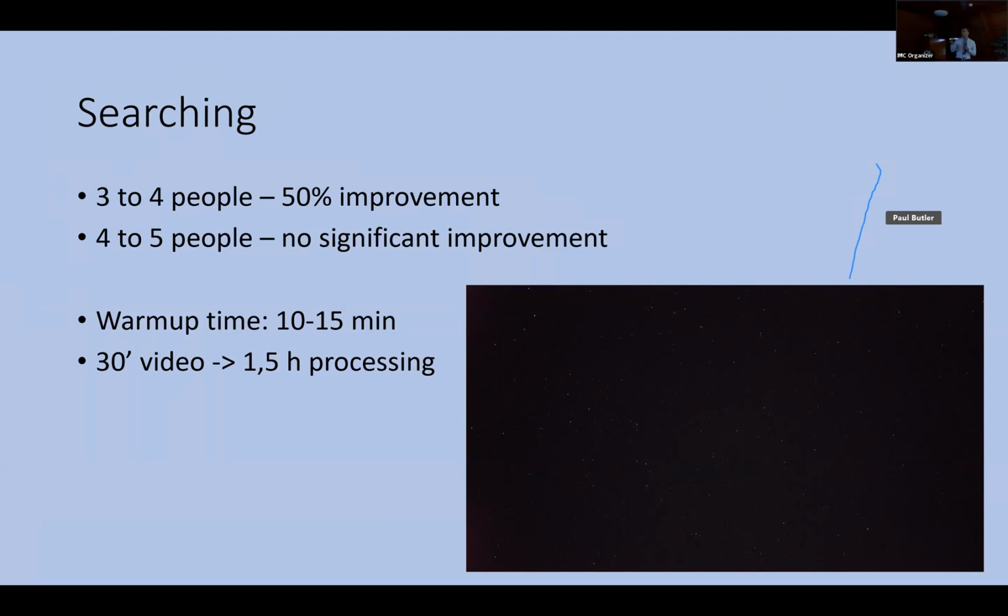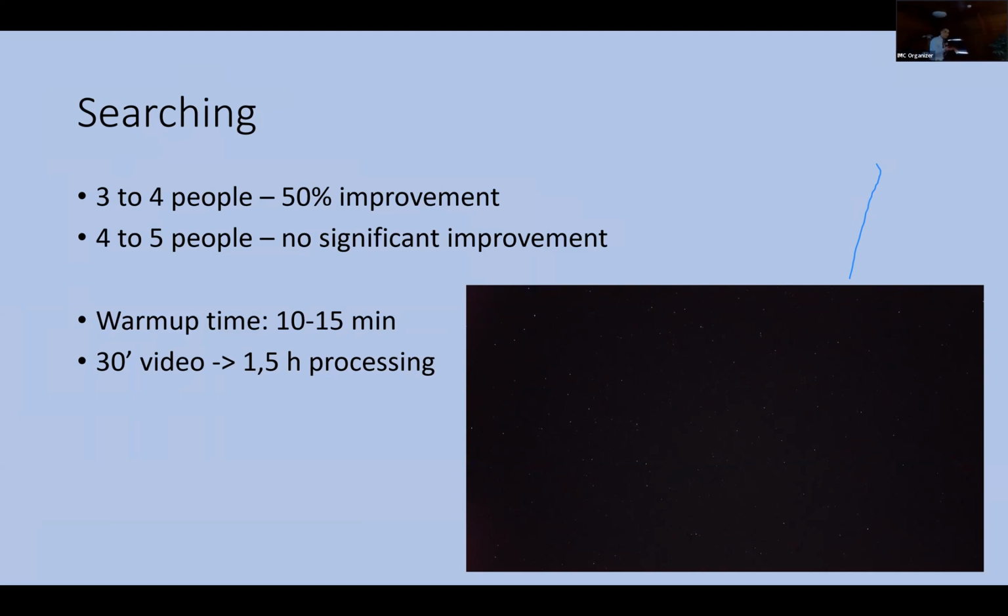We tried it with multiple people. First, there were only 3 of them, and they saw some meteors. Then we tried it with 4 people, and we had a jump. We noticed 50% more from 3 to 4 people.